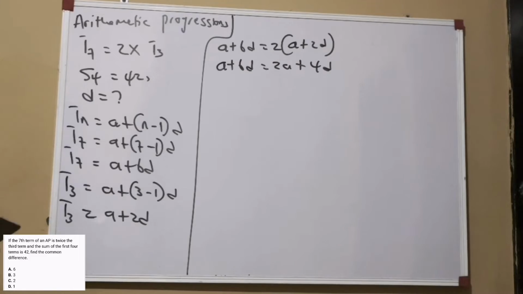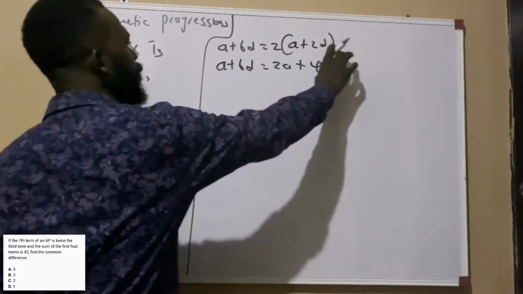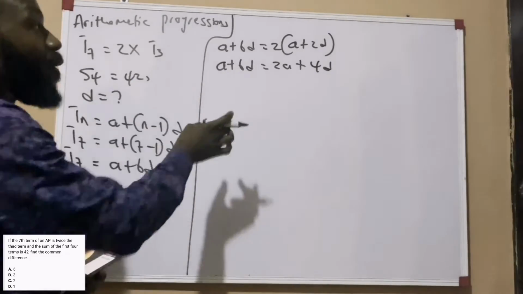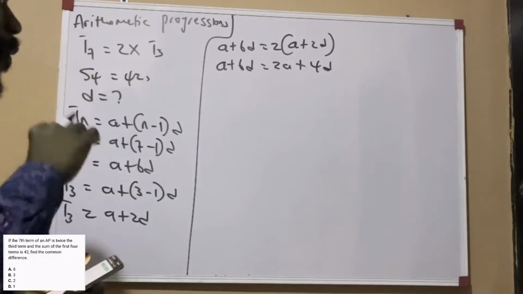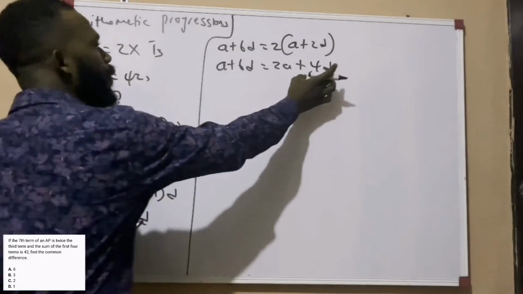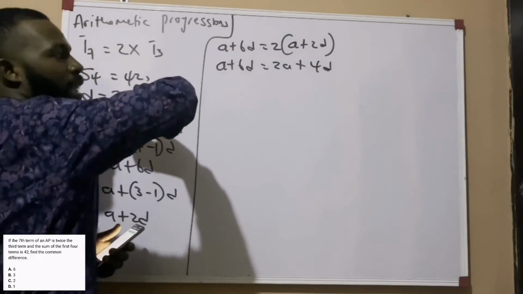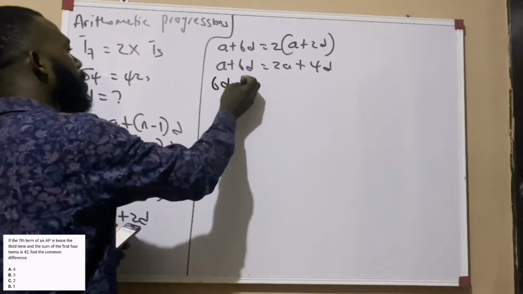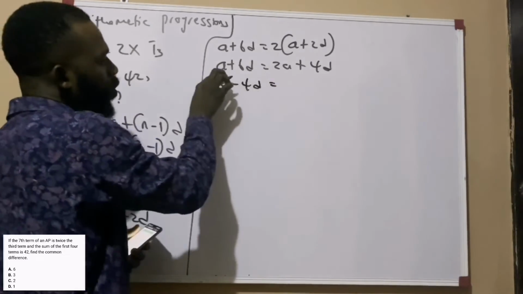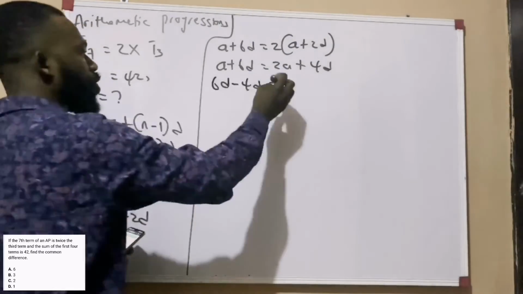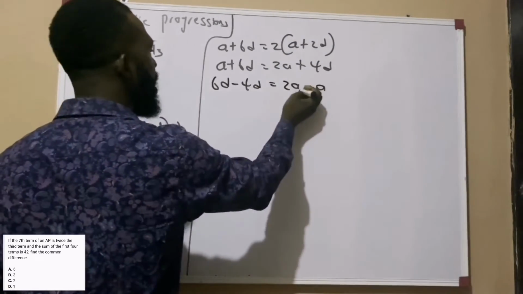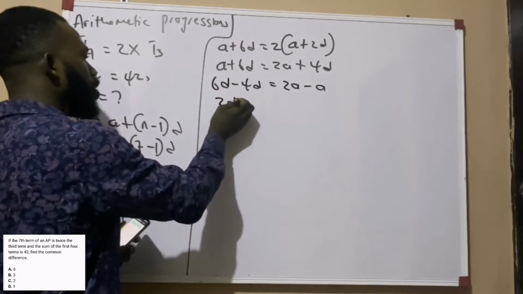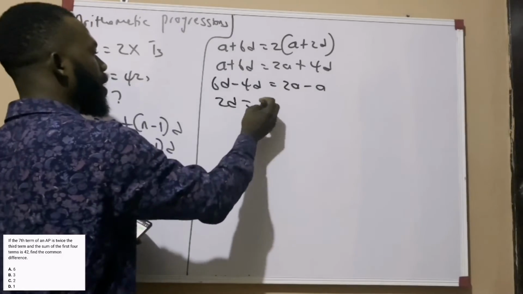From this point, if we make our first term the subject of the formula, we are going to get this. If 4d crosses to the left-hand side of the equation, it becomes 6d minus 4d is equal to, if a crosses to the right-hand side of the equation, it becomes 2a minus a. Now, 6d minus 4d gives us 2d is equal to 2a minus a gives us a.